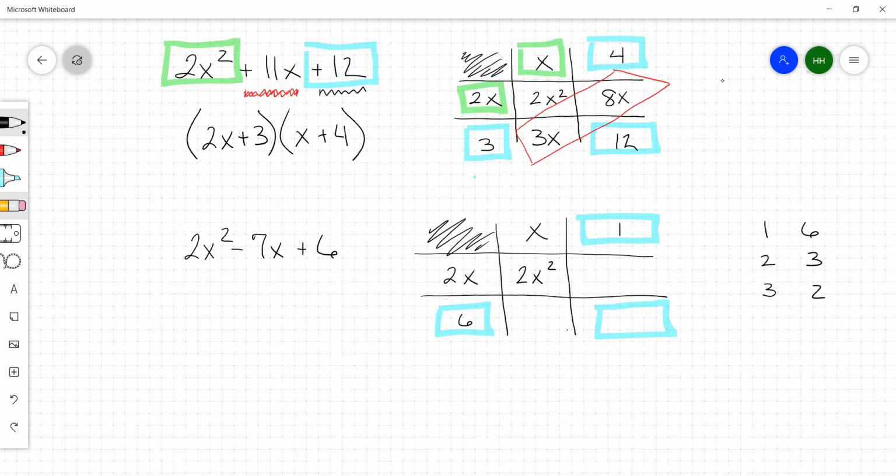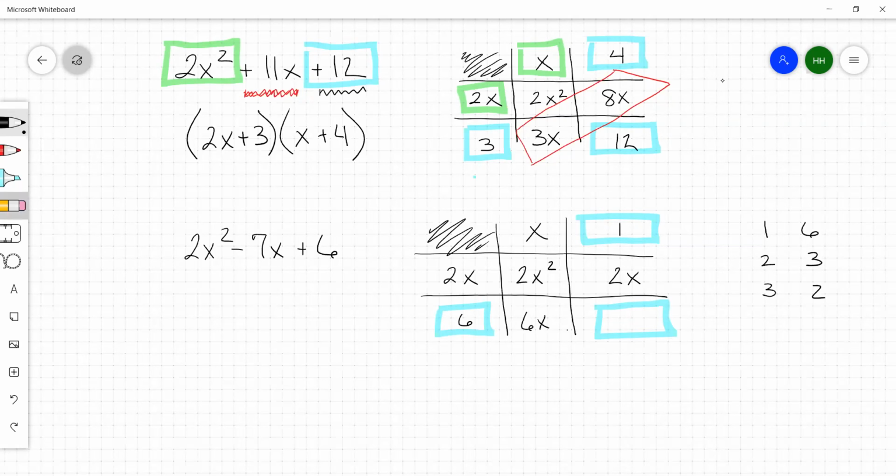But look, 2x times 1 is 2x, and 6 times x is 6x. So if you combine a 6x and a 2x, can you ever get a 7x? No. So do you see how the 1 and the 6 won't work?